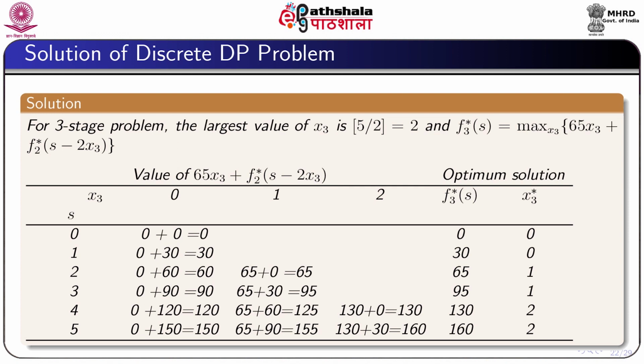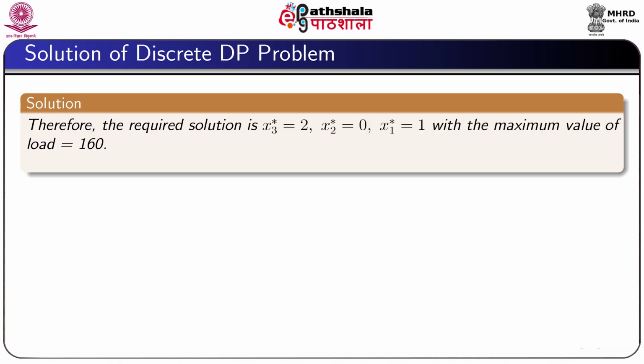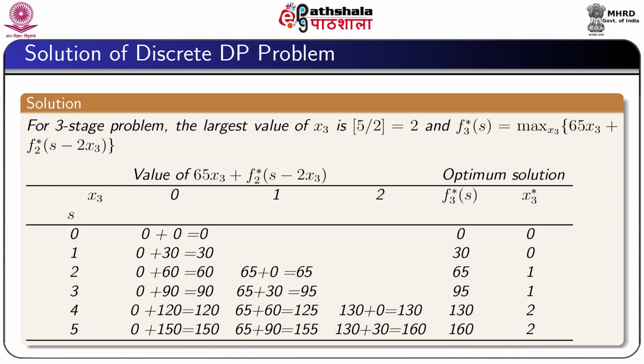Proceeding similarly, we find the values for the 3 stage problem as shown in this slide, and from these results we see that the optimum solution is obtained from the last table. From the last row, we see that x3 takes the value 2 giving the maximum value 160.